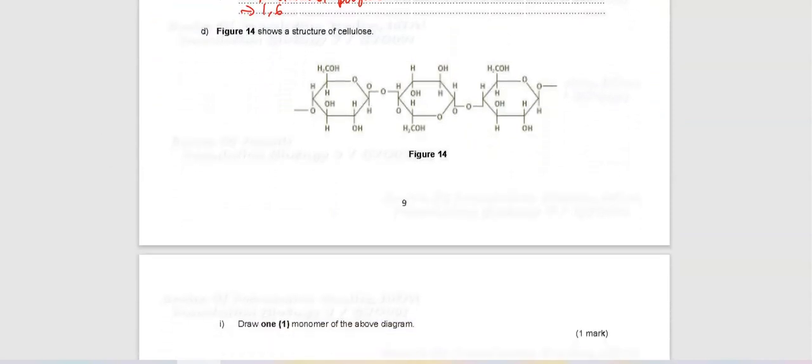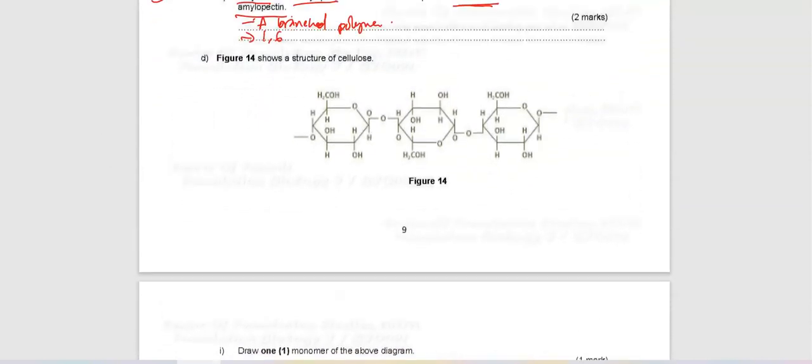Question D. Figure 14 shows a structure of cellulose. So cellulose, the monomer consists of beta glucose, where at carbon number 1, the hydroxyl group is located above the plane. As you can see, this is the first beta glucose, the second beta glucose, and the third beta glucose.